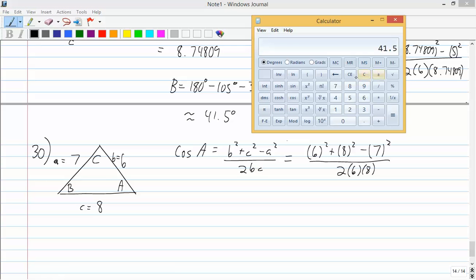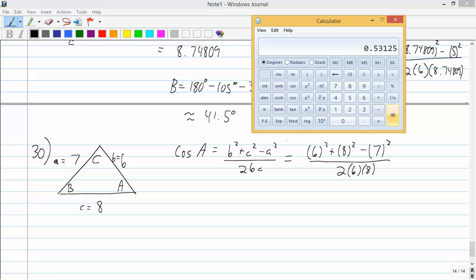Alright. So that's going to be 36 plus 64 minus 49. So that's 51. Alright. And so now in my calculator, I can just take and divide by 2 equals, divide by 6 equals, divided by 8 equals.